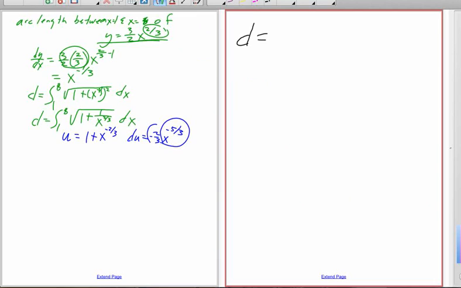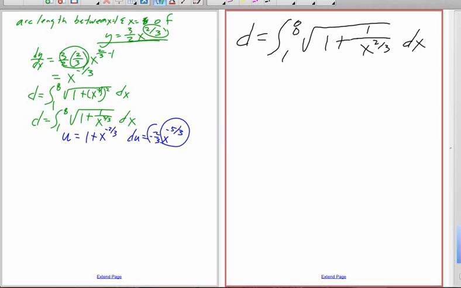It's going to be the integral from 1 to 8 of the square root of 1 plus x to the negative 2/3, 1 plus, I'm going to rewrite this, 1 over x to the 2/3 dx.